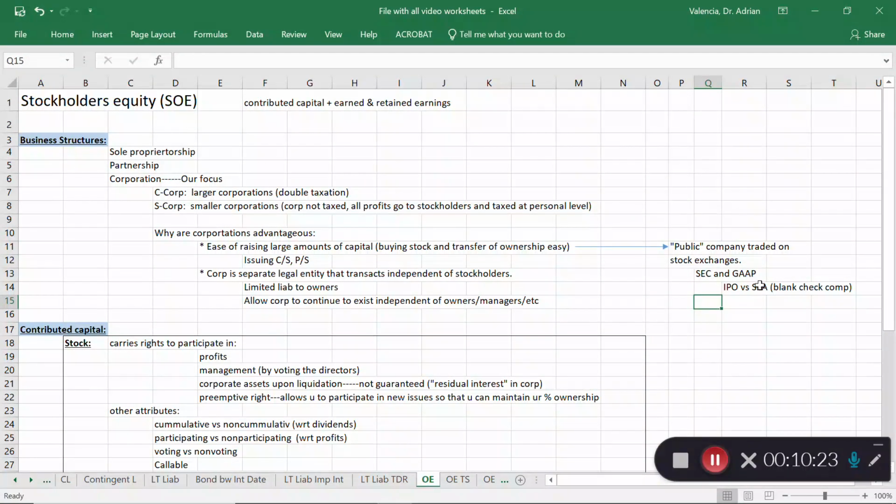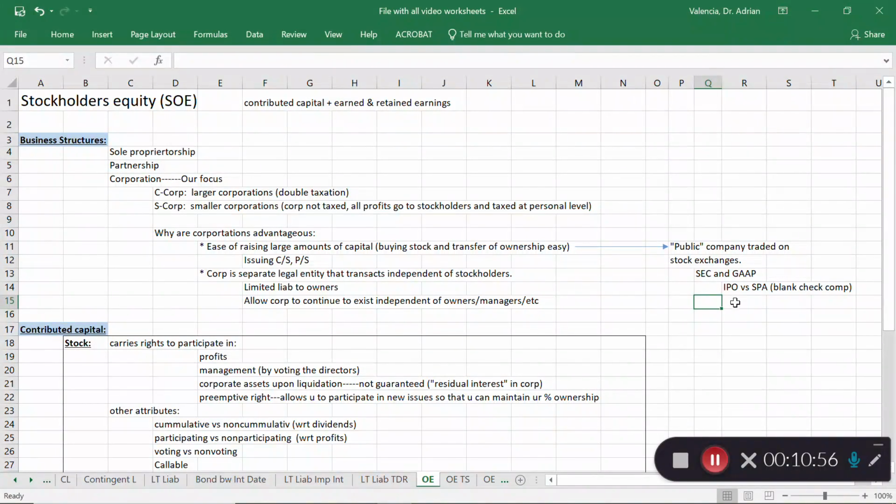Now, lately, there's been talk about special purpose acquisition companies, sometimes referred to as blank check companies. These are just ways in which other people have found it easy to raise capital through the corporate structure. Without going too much into detail, think of the IPO as the high quality form of issuing financial statements, going public and selling stock.